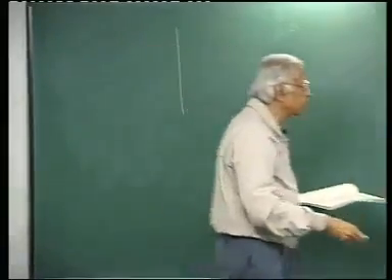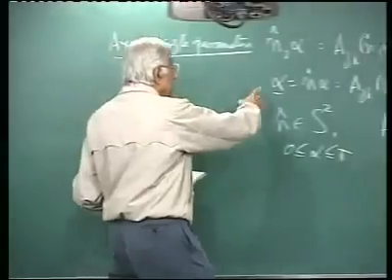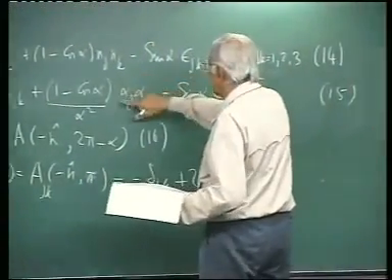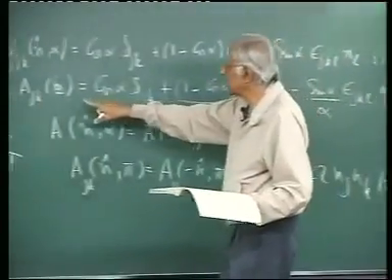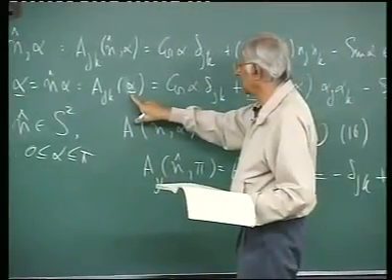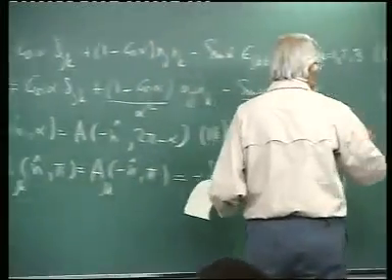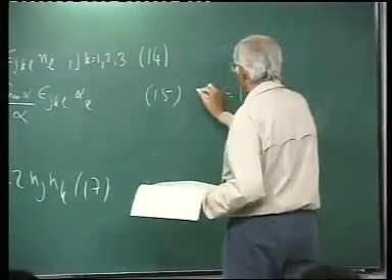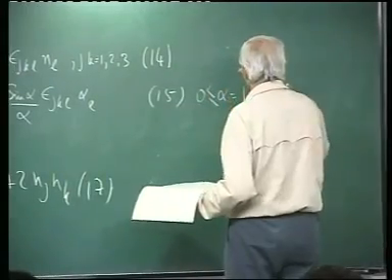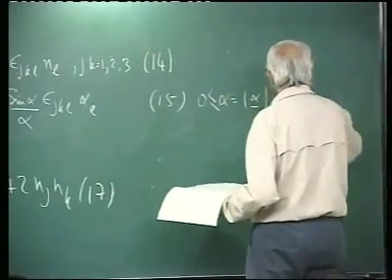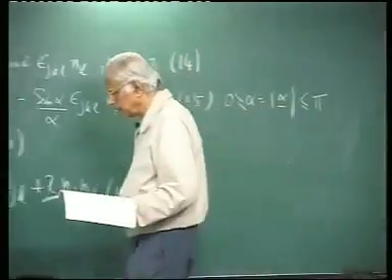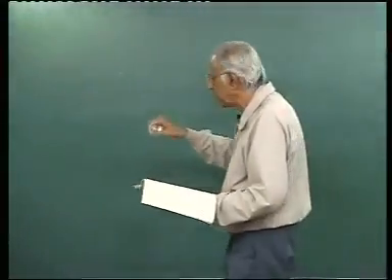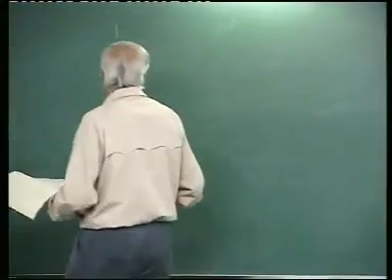I will now use the second description. I am combining the axis n and the angle alpha into a single three-dimensional vector. So I can limit the range of the magnitude of the vector alpha to 0 less than or equal to alpha, less than or equal to pi.